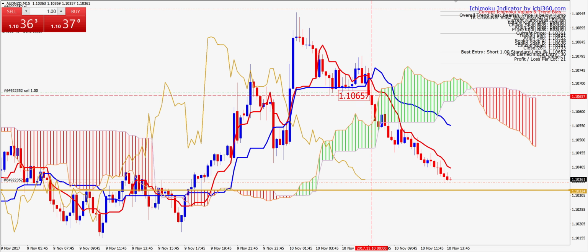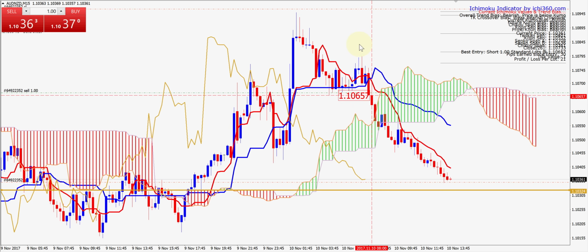It is called the Ichi 360 indicator, and it draws this line and this horizontal line and puts that number there. That is the price at which the signal is generated.